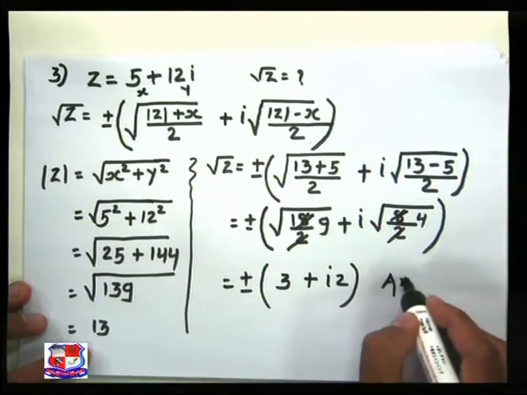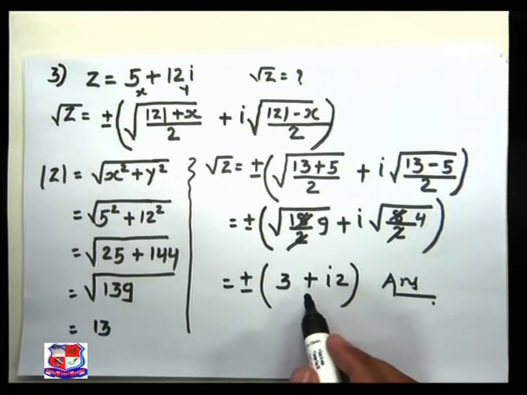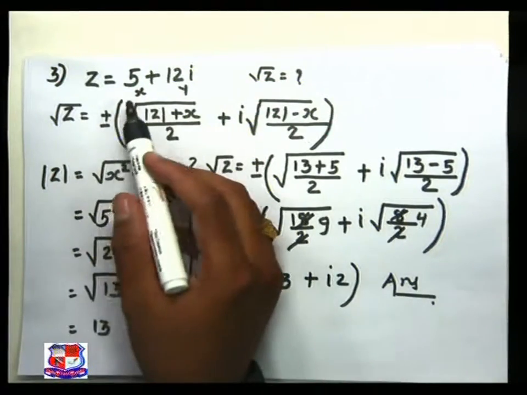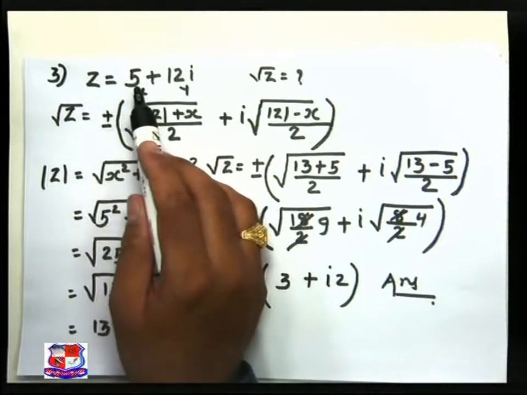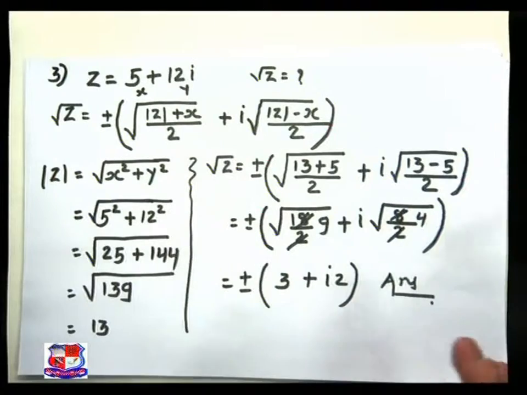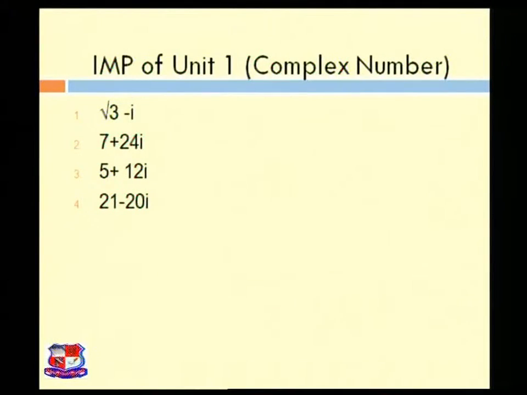So our final answer, that is plus or minus 3 plus 2i, and our main complex number question, that is z is equal to 5 plus 12i. Now we move to our next question.